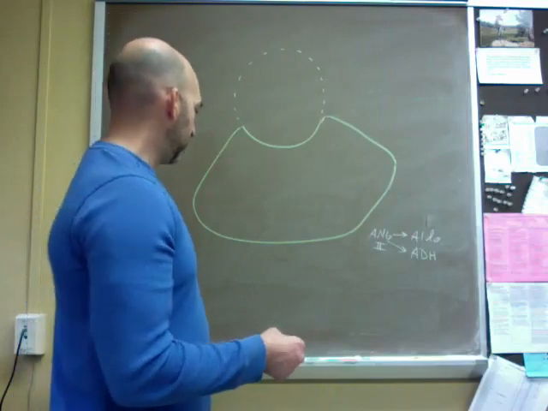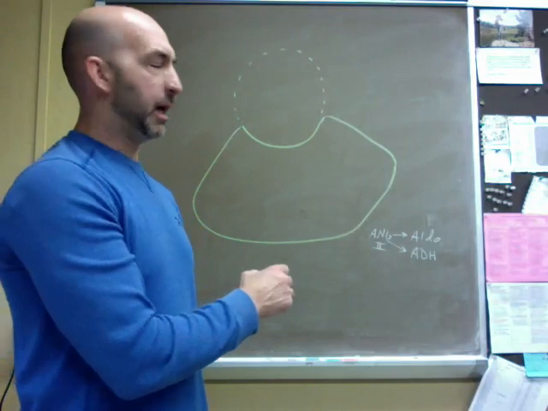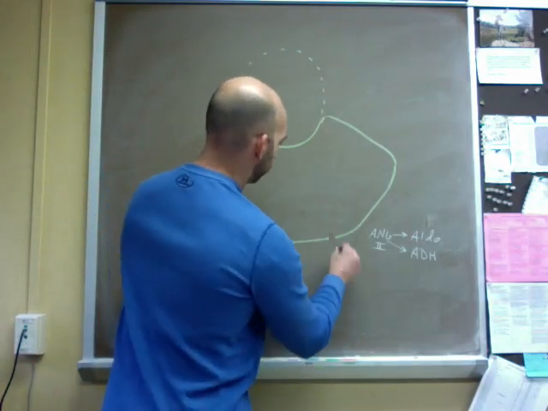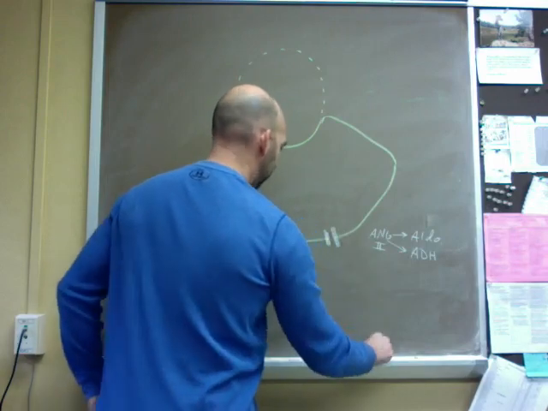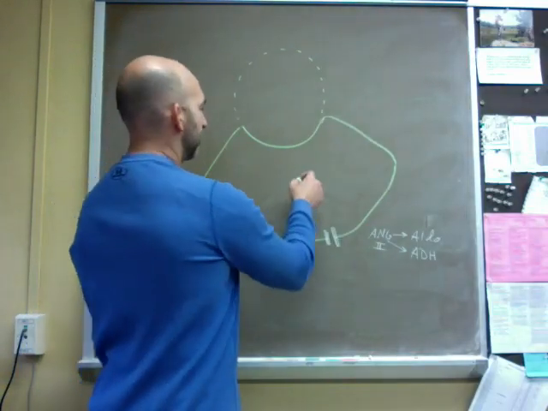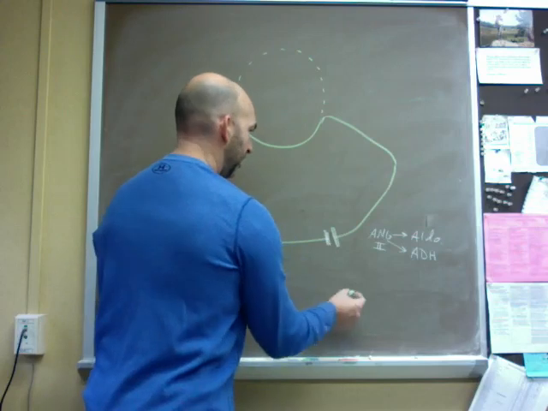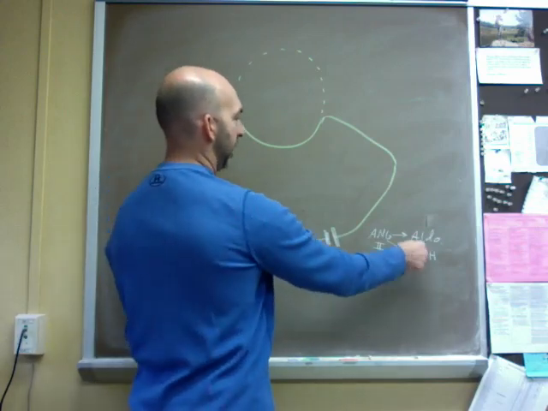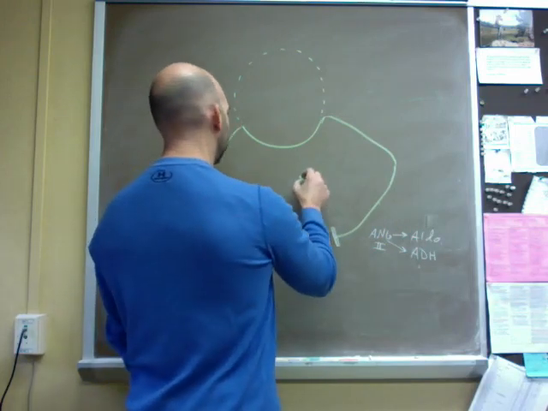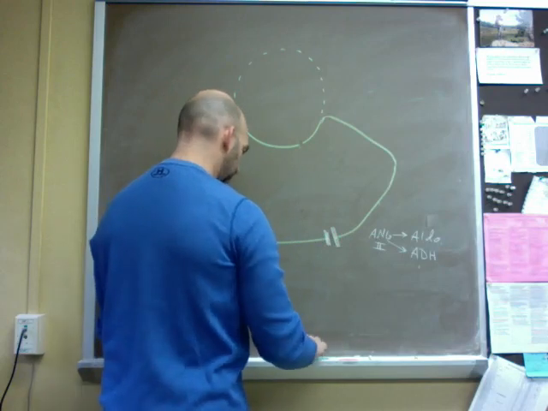Now the ADH is pretty simple. Again, this would be a DCT cell or a collecting duct cell. There's already an aquaporin over here in the basolateral membrane. That one's always there. There's another one that moves in and out of vesicles inside the cytoplasm that responds to ADH binding receptors and stimulating the second messenger system that's going to result in the insertion of vesicle stored aquaporins.